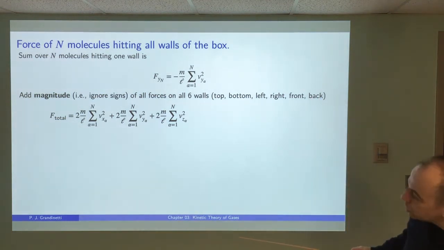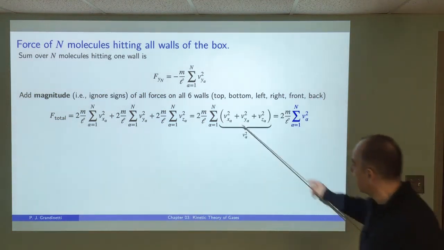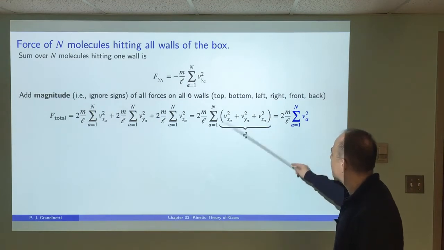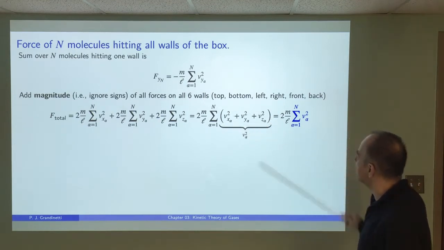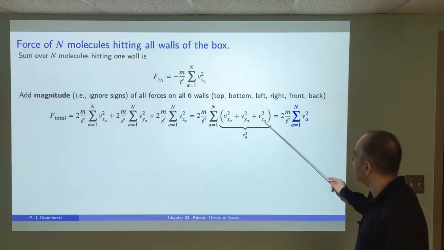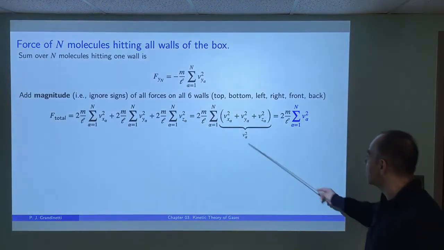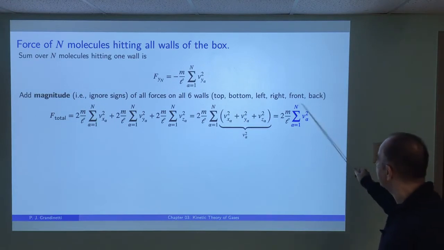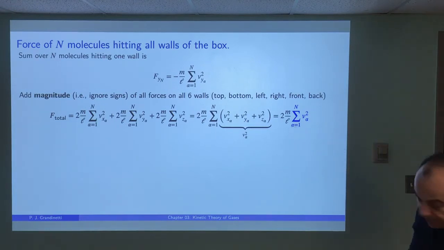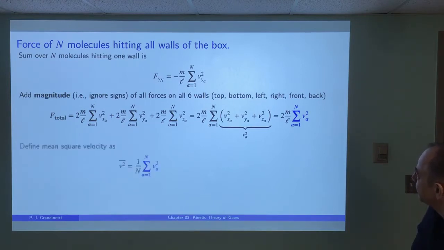So that's going to give us the total force, and I can rearrange that expression to give me this expression where we've pulled all the velocity vector components together, and we recognize that as just the length of the velocity vector squared. So that becomes this expression over here, written in terms of just the magnitude of the velocity vector squared.